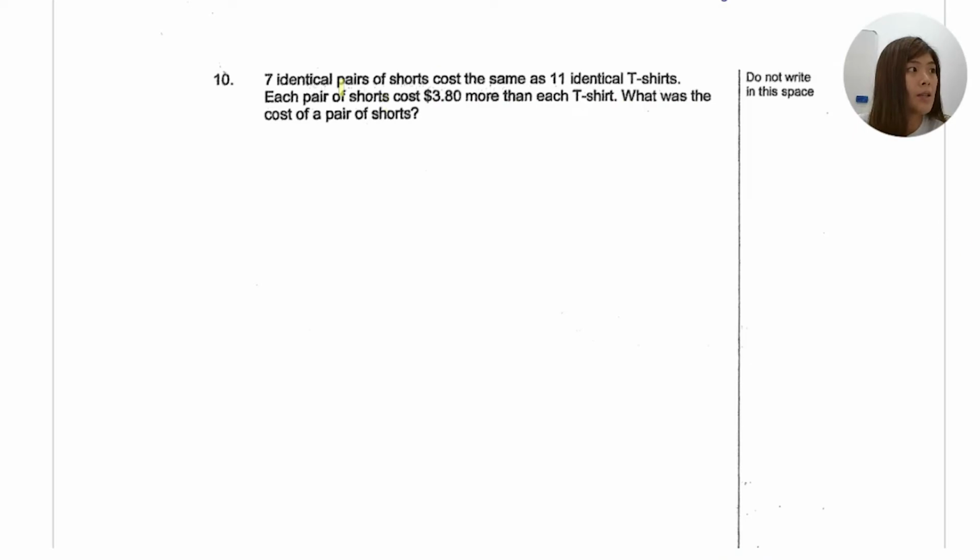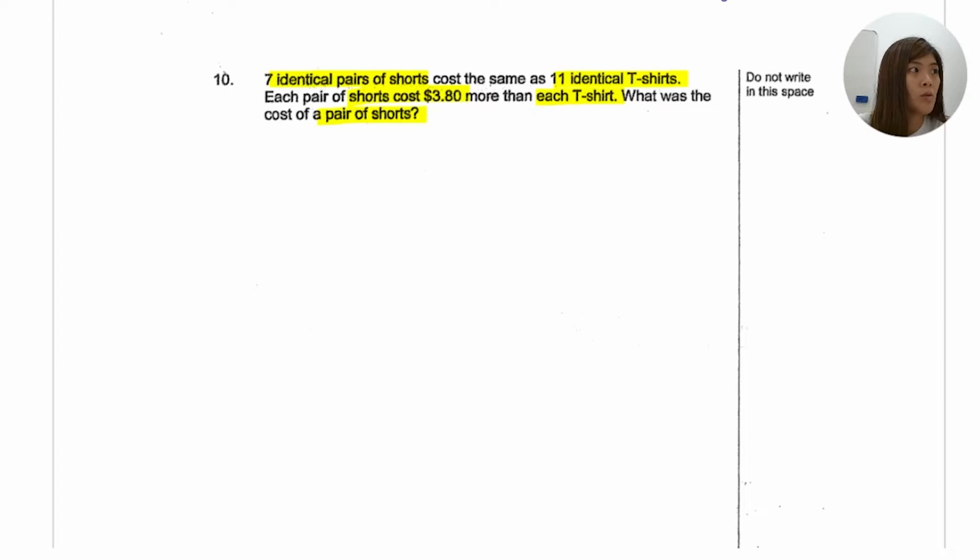Okay, 7 identical pairs of shorts cost the same as 11 identical t-shirts. Each pair of shorts costs $3.80 more than each t-shirt. What was the cost of a pair of shorts?